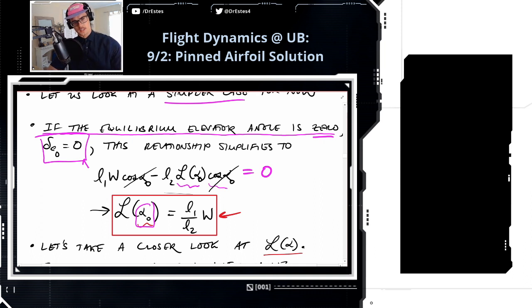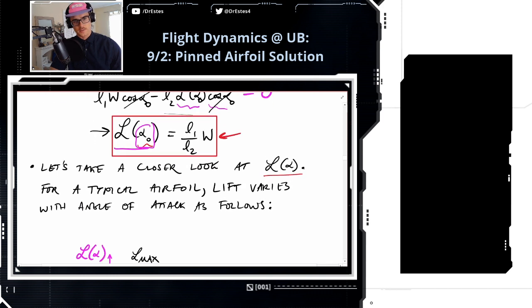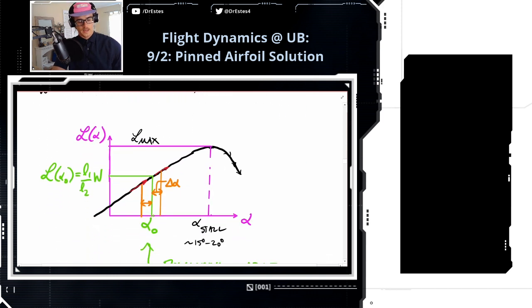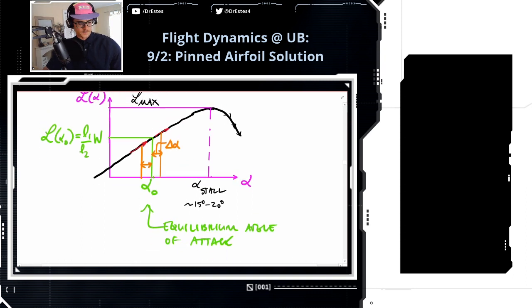And we saw that this equilibrium angle of attack, it's kind of embedded mathematically in the lift force, because lift is a function of the angle of attack, and it varies with angle of attack like this. It goes up linearly with angle of attack until you get to the stall point, and then the lift dramatically drops off. We all know stall is not a good thing. You lose lift, you get more drag.